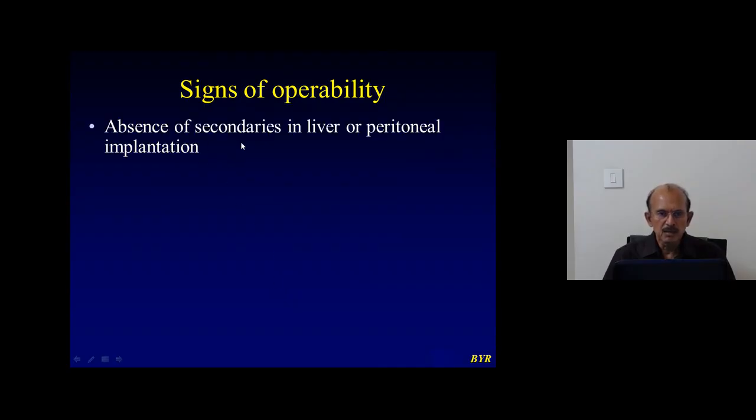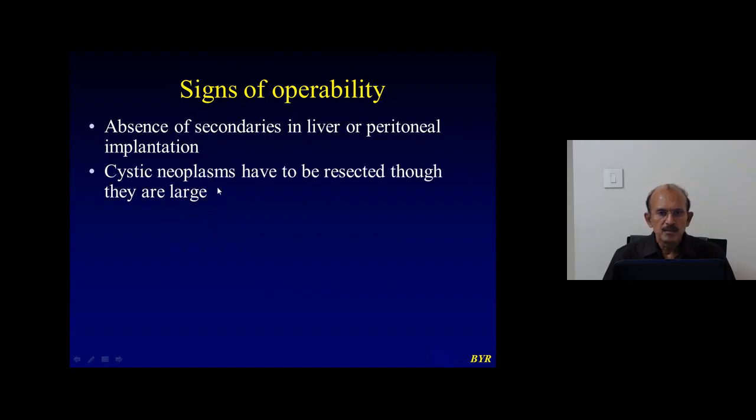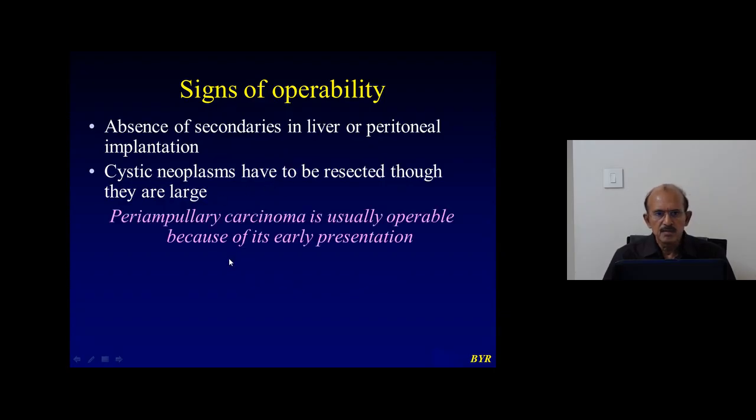Then of course, absence of secondaries in the liver and peritoneal implantation. Cystic neoplasms have to be resected, though they are large in size. Periampullary carcinoma is usually operable because of its early presentation.